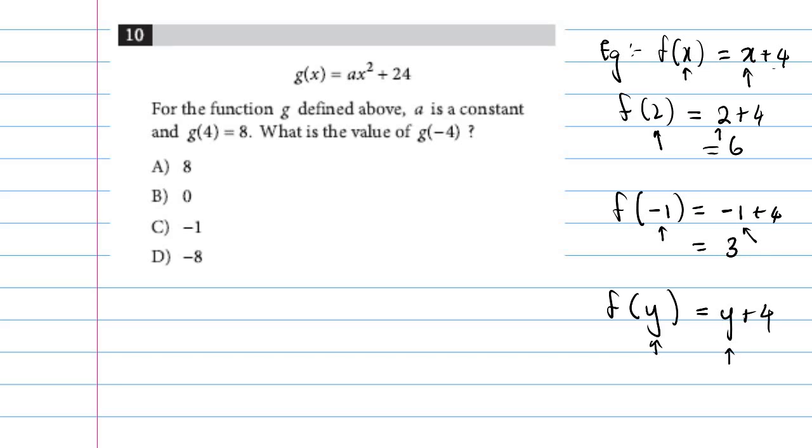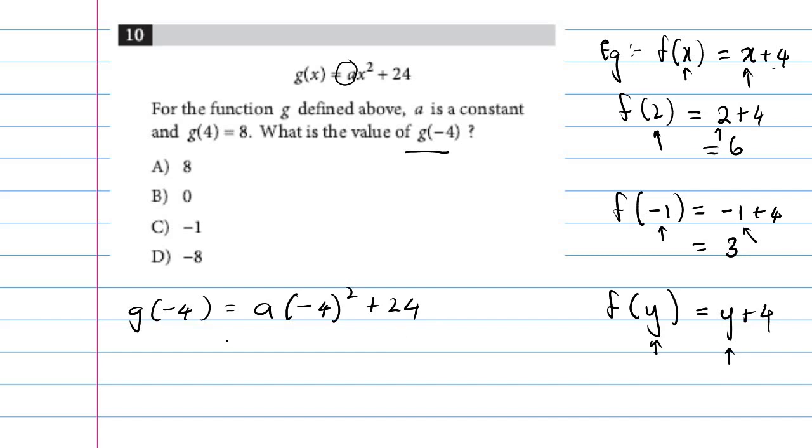Coming back to the question, they're asking to find the value of g of negative 4. The issue is there's this letter a, which we know nothing about. So how are we supposed to find g of negative 4? Let's go about calculating it. g of negative 4 is equal to a times negative 4 squared plus 24.